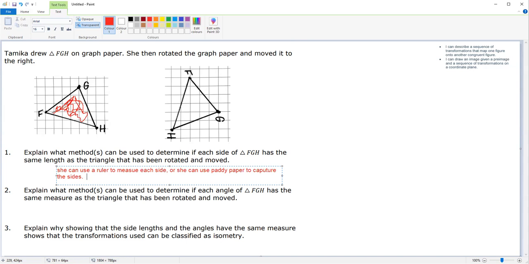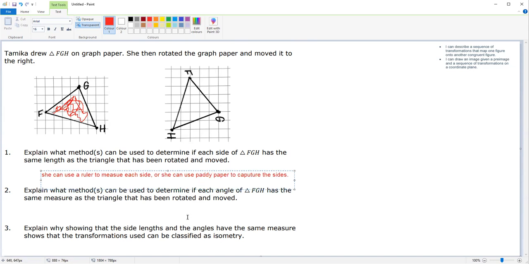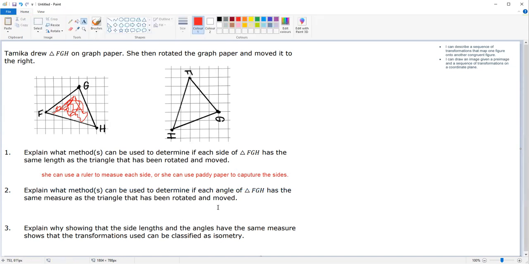So there you go. That can be your answer right there. Okay, it's kind of a silly question to me, because you're not actually changing anything. In this case, it would be literally the same piece of paper. It's a silly question.